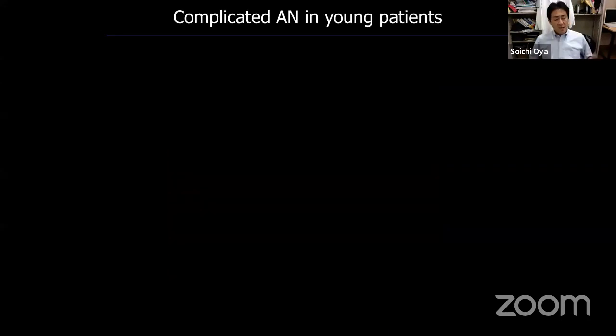I think endovascular surgery is the treatment option for most aneurysms. However, for some selected and complicated aneurysms, clipping may provide a much simpler and more definitive solution, especially for young patients.